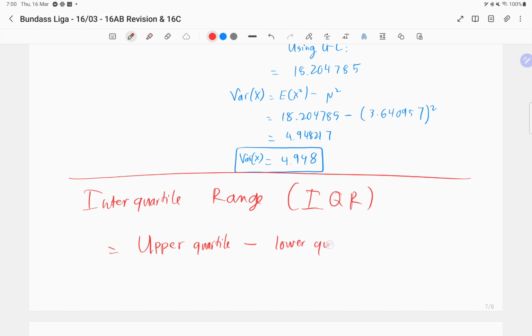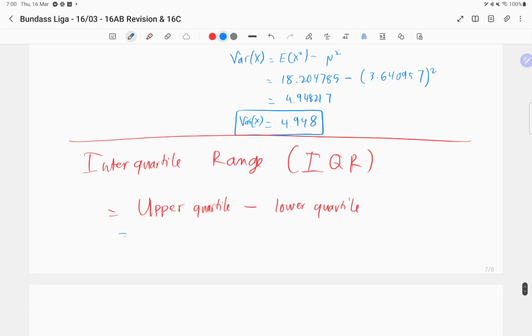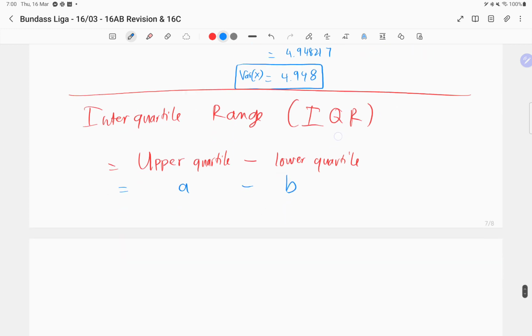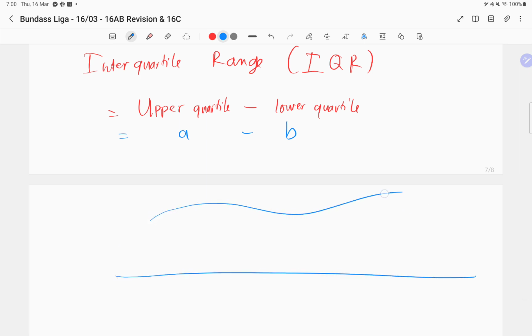Okay, lower quartile. Let's just say we have the upper quartile as the value A minus the lower quartile, which is the value B. So what does that mean? Remember, let's say that this is a PDF between certain values from here to here.